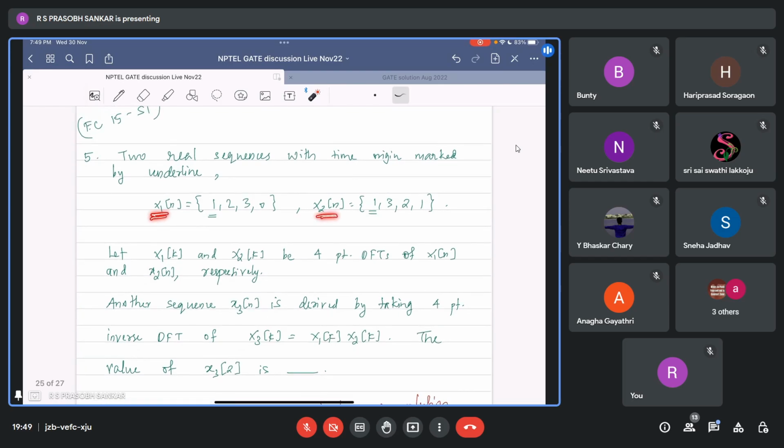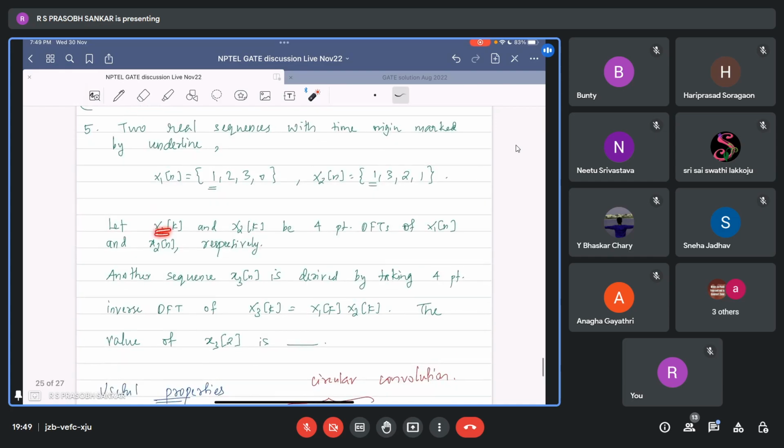Note that these small x are time domain signals, and these capital X are frequency domain. This is x1[n], this is x2[n], this is X1[k], and this is X2[k].